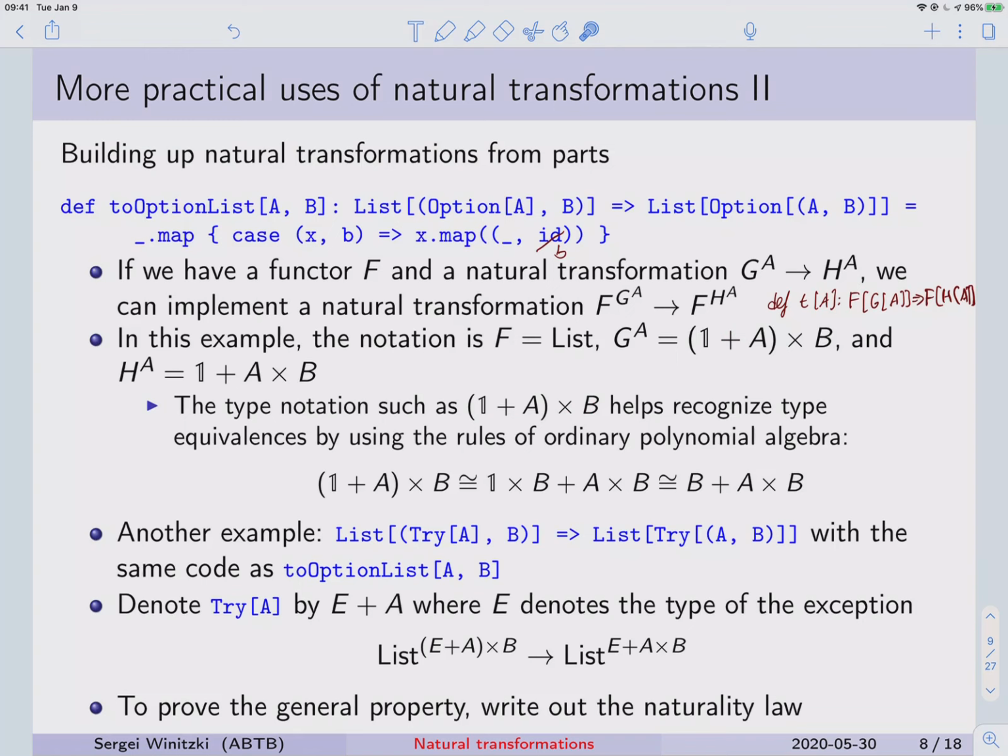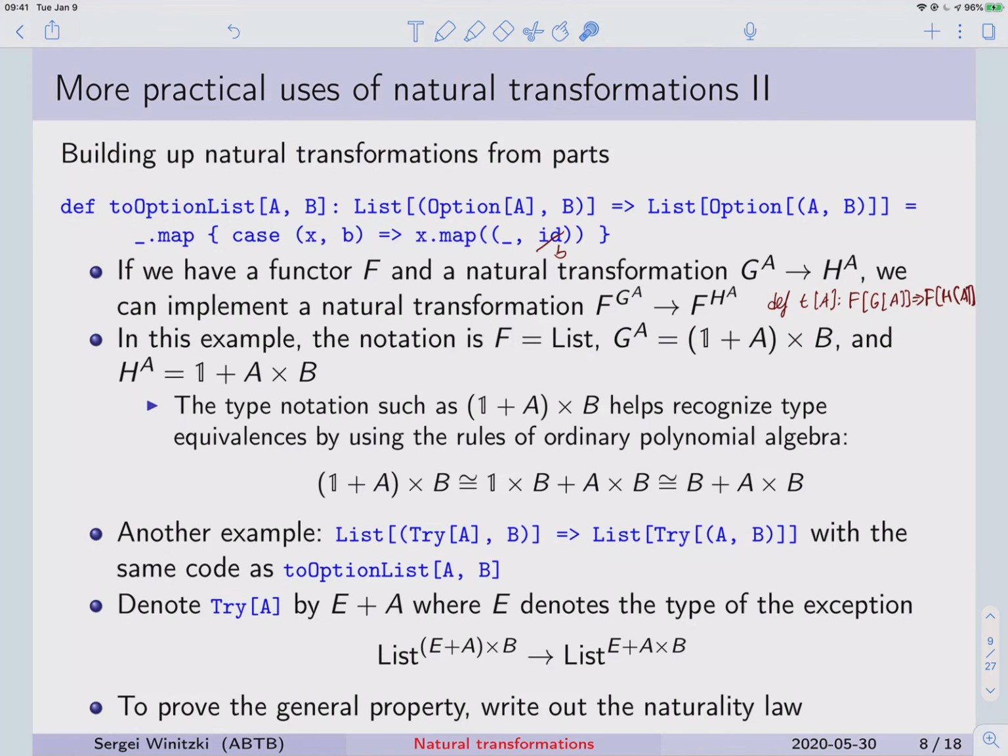We can just use the rules of ordinary algebra of polynomials, which we hopefully still remember from high school, and then we just transform this into this by expanding parentheses, and then 1 times b is b. So these are valid type equivalences, which we can see right away once we have rewritten the types in this notation. So this is why this notation is helpful.